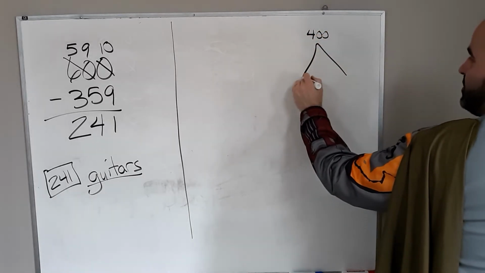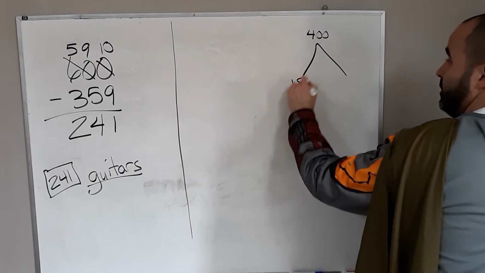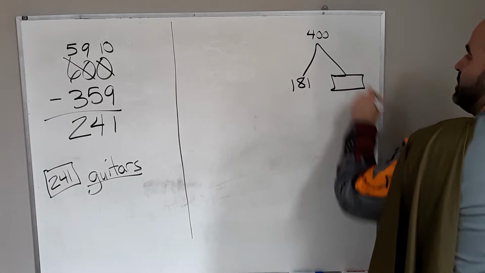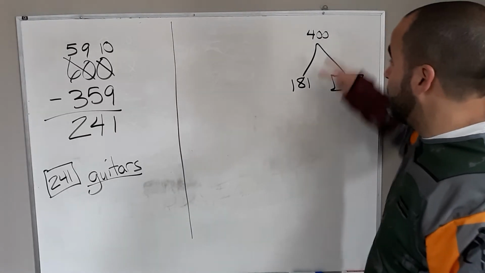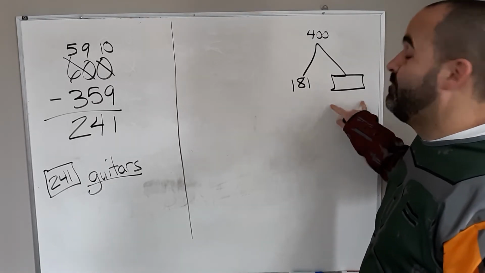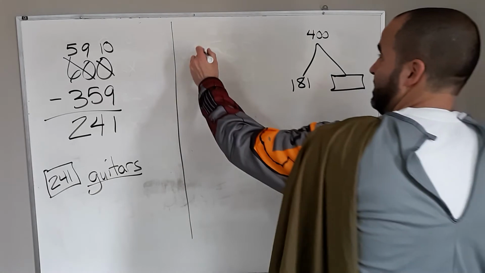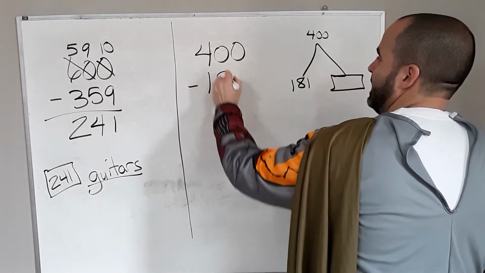We have the first year over here. How many scored the first year? 181. And in the second year, we don't know. So if we have a problem that's set up like this, where we know the total, how many in one year, and we need how many he got in another year, then we need to subtract. So let's do it: 400 minus 181.